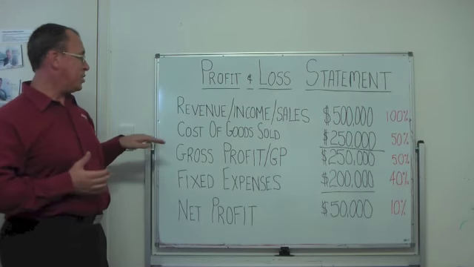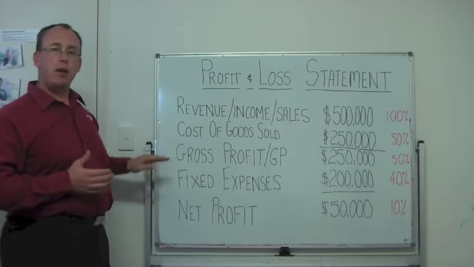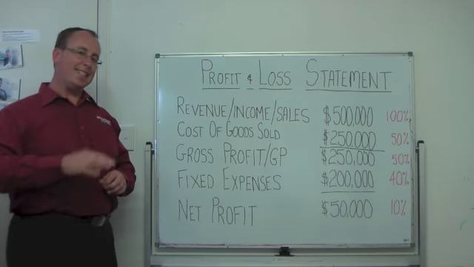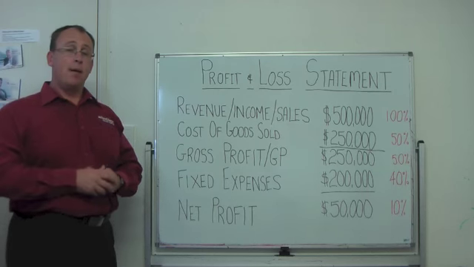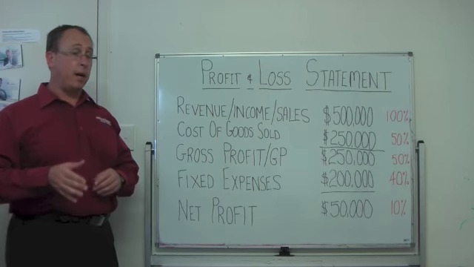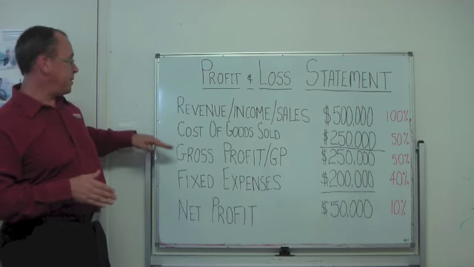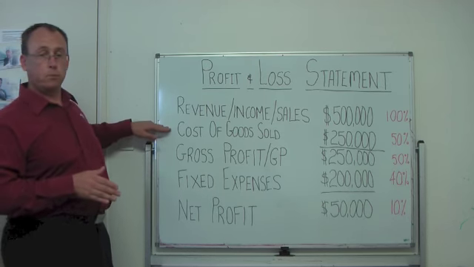Then what we would need to do is delve down into some of these areas and find out what went wrong. Like in football, we would delve into the statistics, maybe missed tackles, maybe errors, maybe line breaks, whatever it is. Generally, they will be in your fixed expenses and your cost of goods sold.